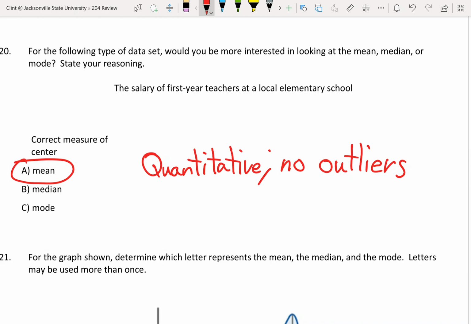If you pick the median, that would be when we have quantitative data and we do expect outliers. And then again, if we have qualitative data, we pick the mode. And the reasoning behind that is that, remember, outliers mess the mean up. The outliers draw the mean toward wherever they are.